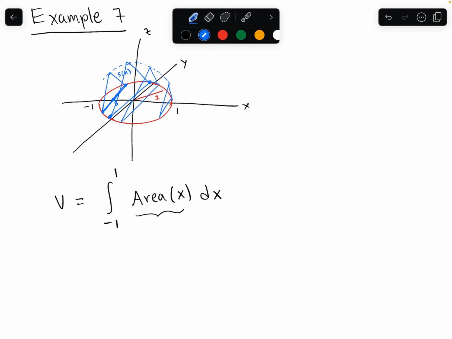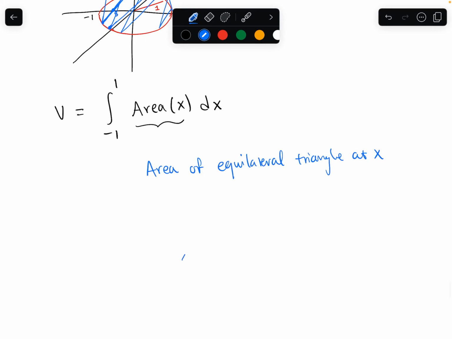Well, here, this is the area of the equilateral triangle at x. So at x, I have this equilateral triangle.